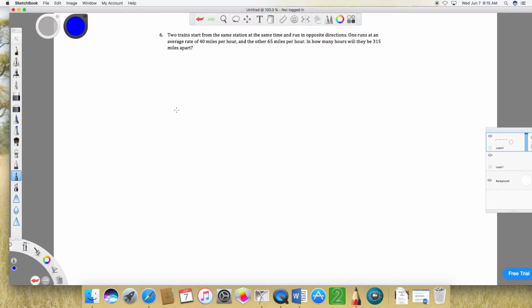So let's draw a sketch. So here's the station. And here's one train.